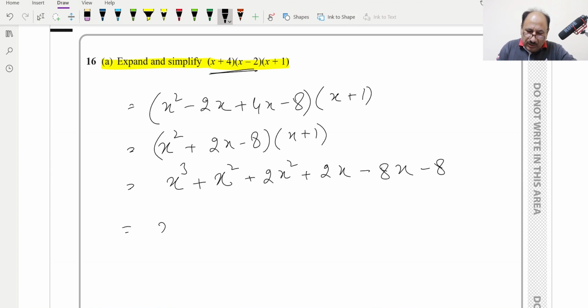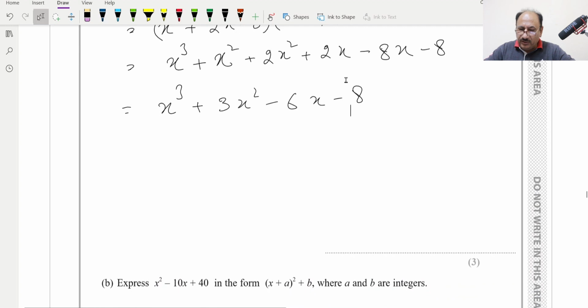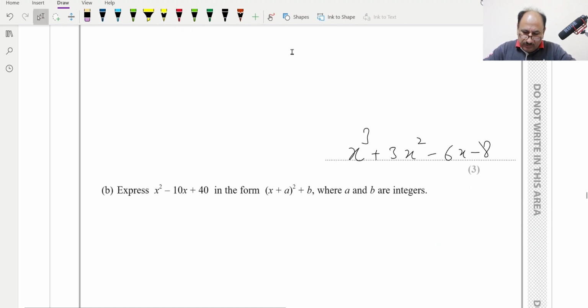Adding like terms, we get x cubed plus 3x squared, and 2x minus 8x is minus 6x, minus 8. This will be our final answer: x cubed plus 3x squared minus 6x minus 8.